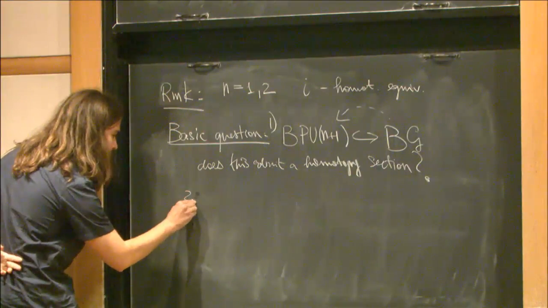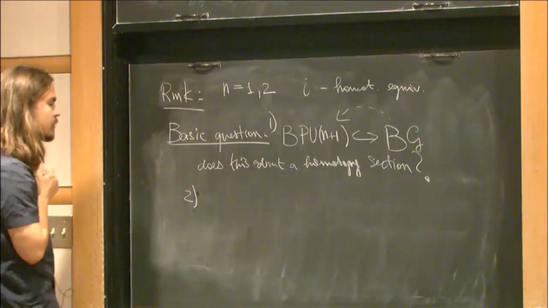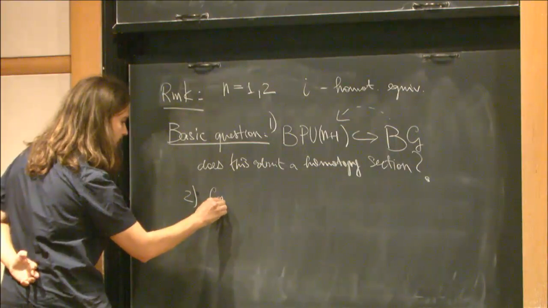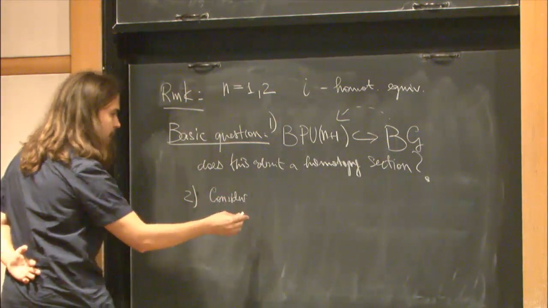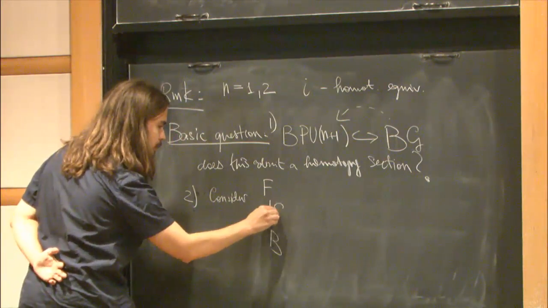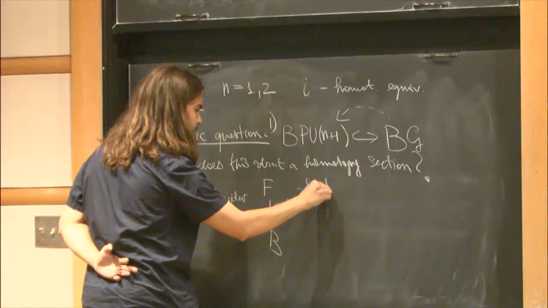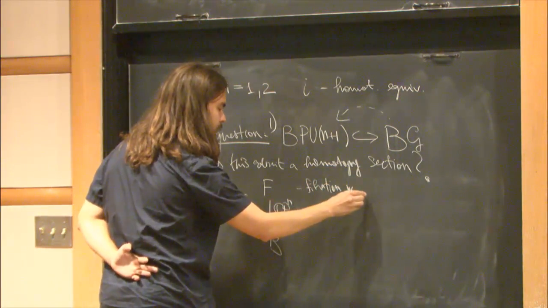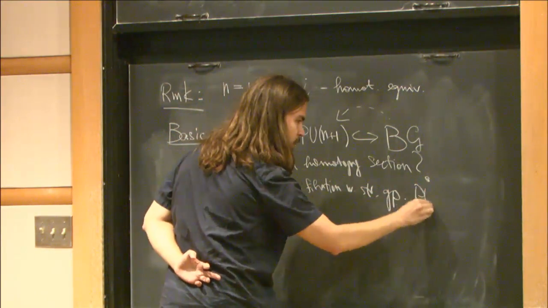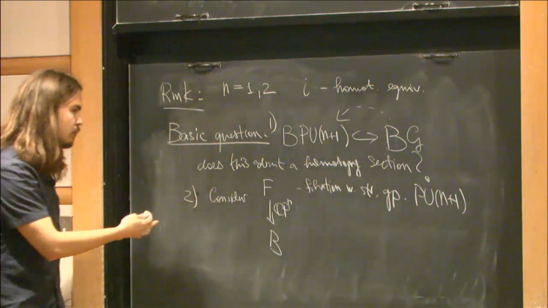And maybe a consequence of this, which is still interesting, is this. Consider a fibration F over some base with fiber CP^n and structure group PU(n+1).